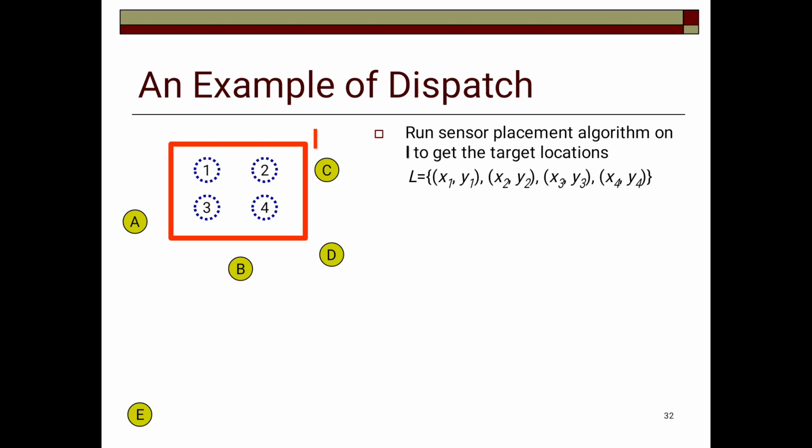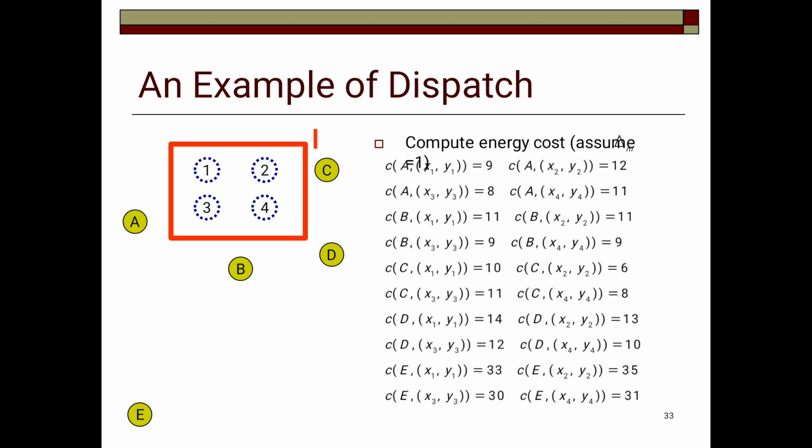Run sensor placement algorithm on I to get the target locations. L is equal to x1, y1, x2, y2, x3, y3, x4, y4. So A of x1, y1 is 9. A of x2, y2 is 12, a little larger than 9. A of x3, y3 is 8.